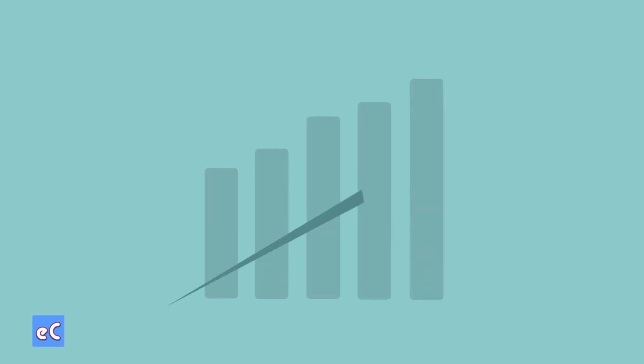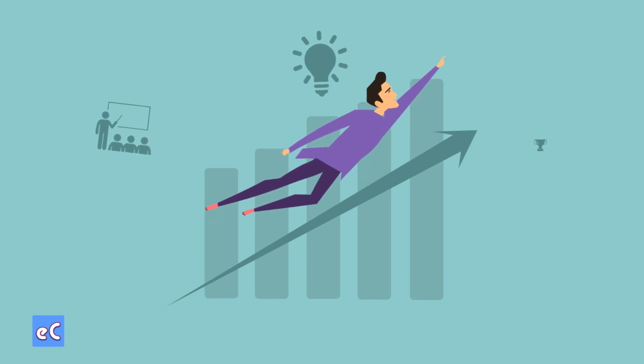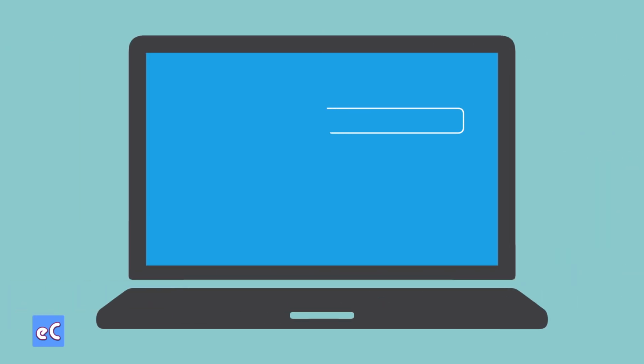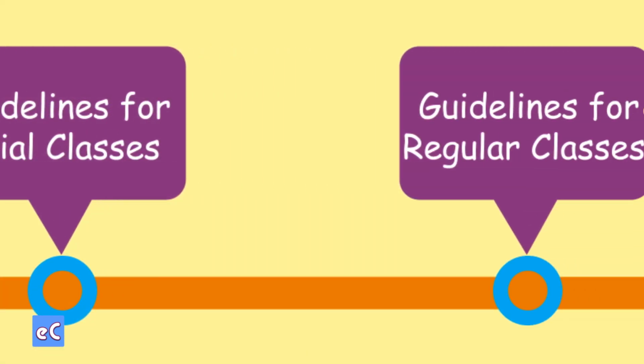We help you succeed in your teaching career through continuous improvement in your teaching methodology and tutoring skills development through online refresher courses on our other website www.apssd.net or APSSD app.